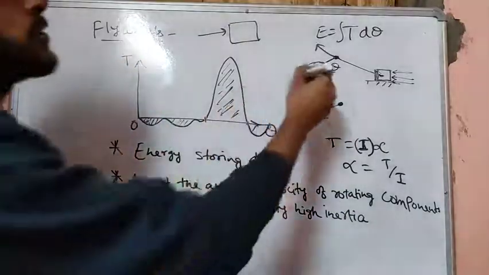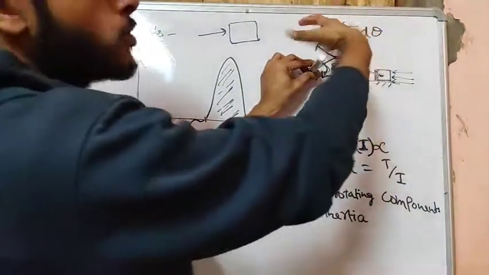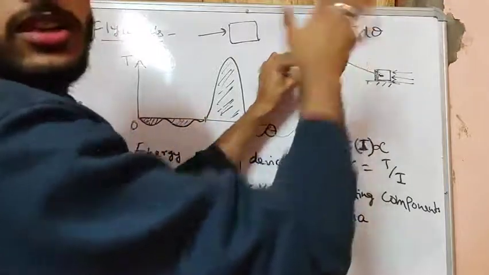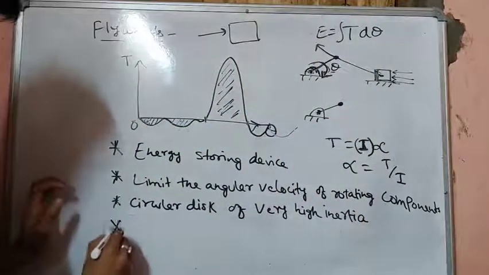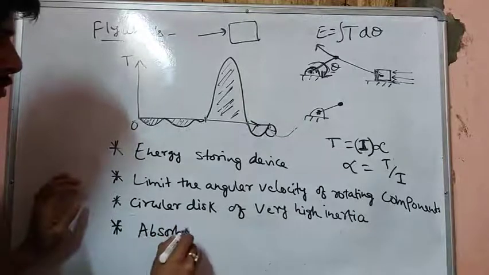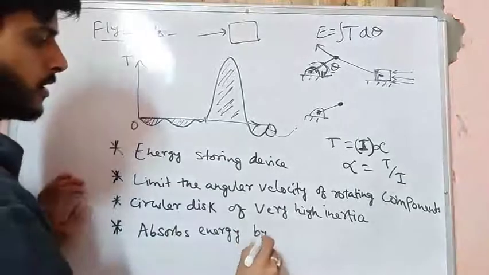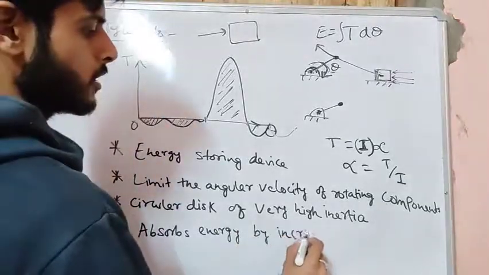So a flywheel is basically a circular disc type of device. If a very high amount of energy is supplied to this, the flywheel will increase its kinetic energy. The flywheel absorbs energy by increasing angular velocity.